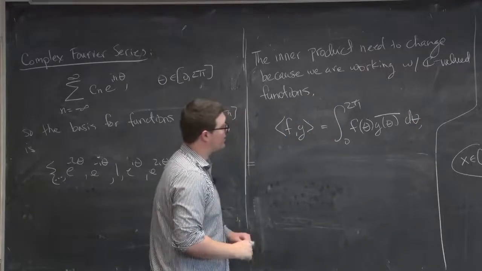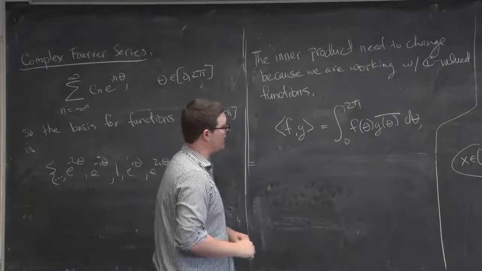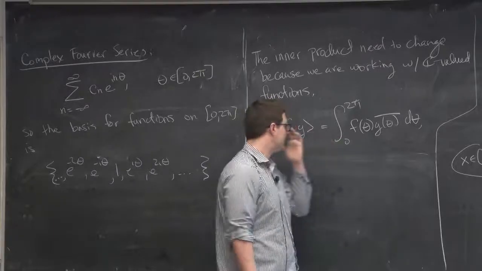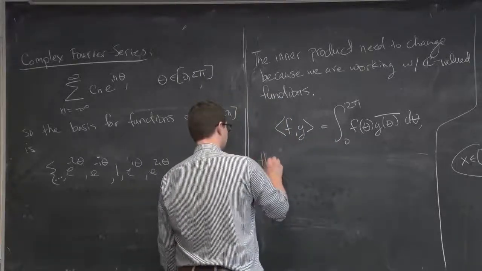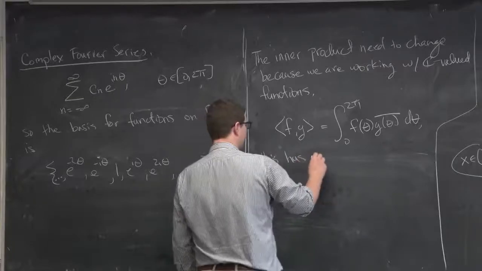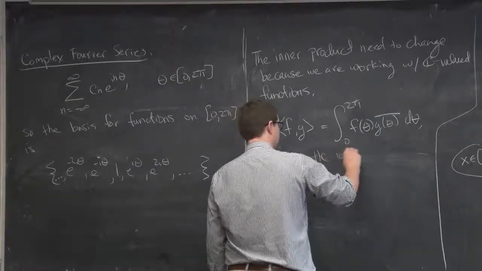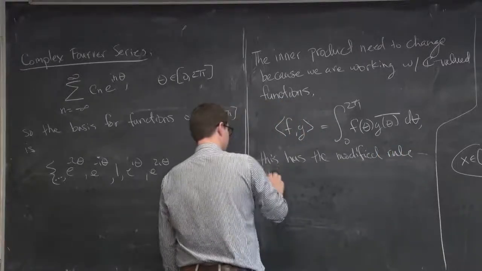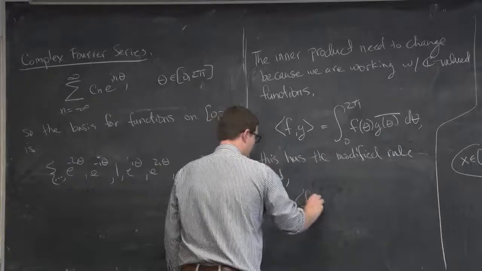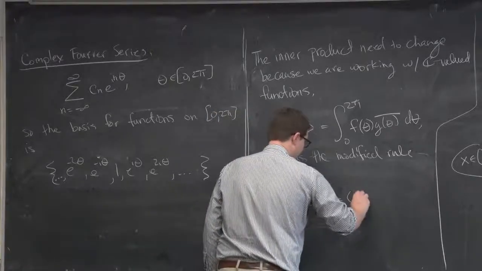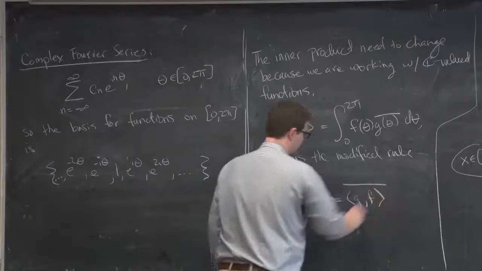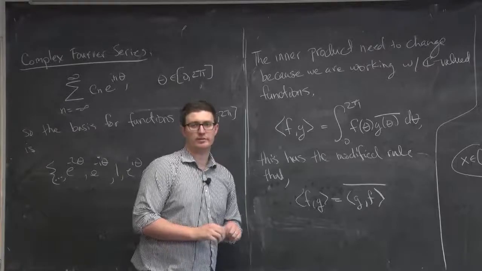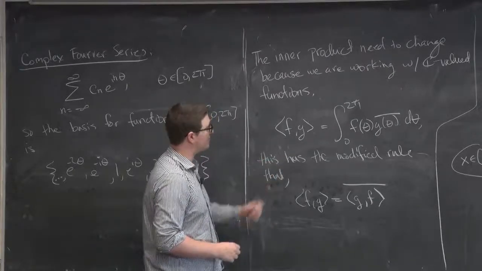Okay? And so this is, if you guys have seen inner products with complex numbers, you need to take a complex conjugate here, right? And so this has the modified rule that the inner product of f and g is equal to the complex conjugate of the inner product of g and f. Okay? And so sometimes this is called a Hermitian inner product, right? Okay, so this is how we measure the norms here.